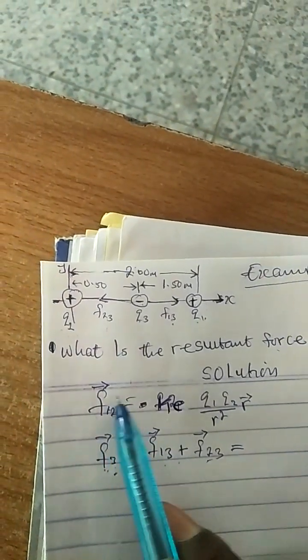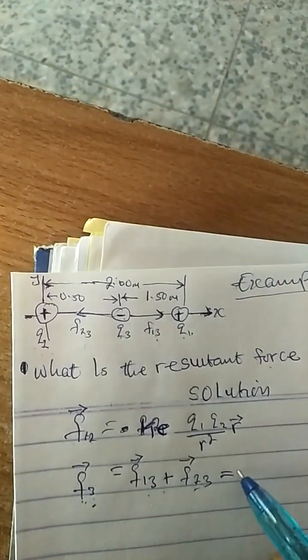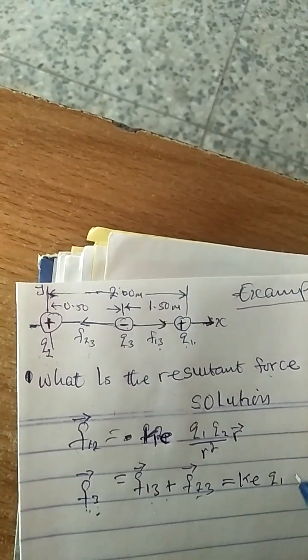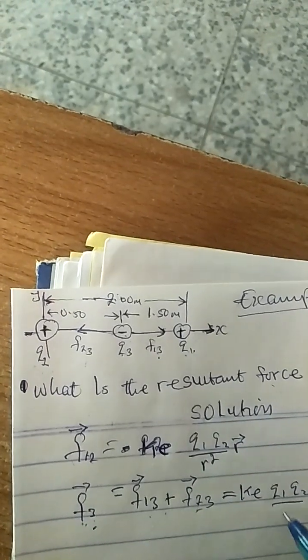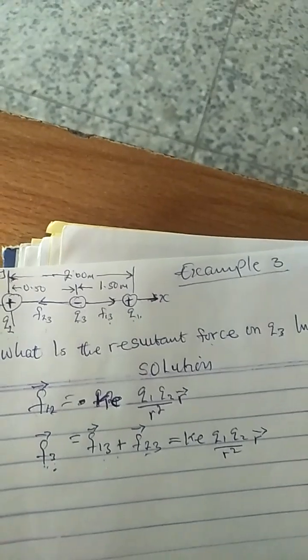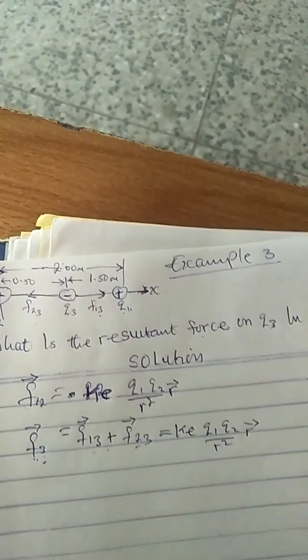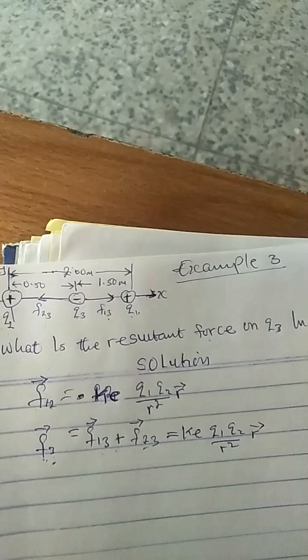So this is equal to KE Q1 Q2 all over R square, vector R, as you already know the formula. So how are we going to solve it and get the answer?